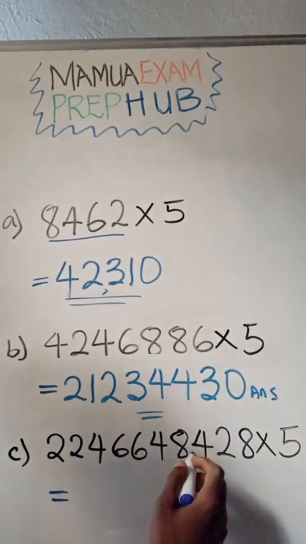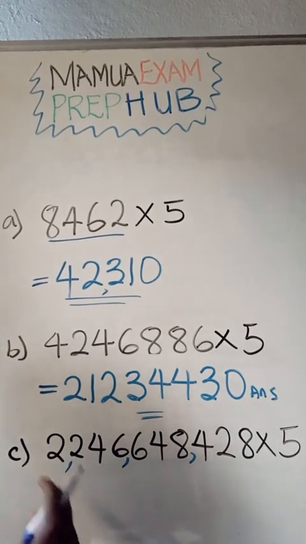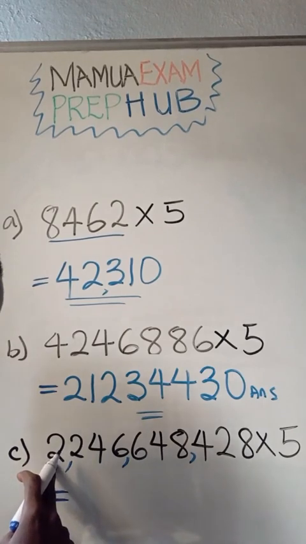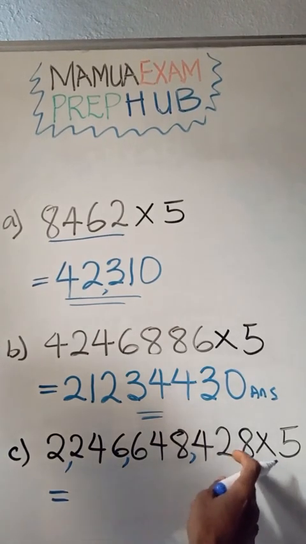For the last one, we are going to quickly divide it. We have a very large number here. So we are going to start by dividing the last number by 2. Of course, it ends with 8, so it's an even number.